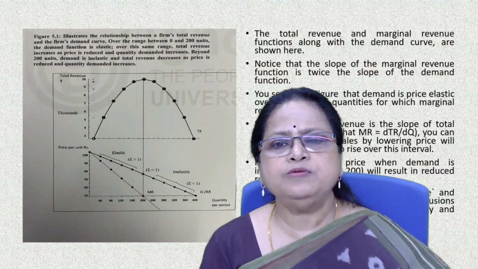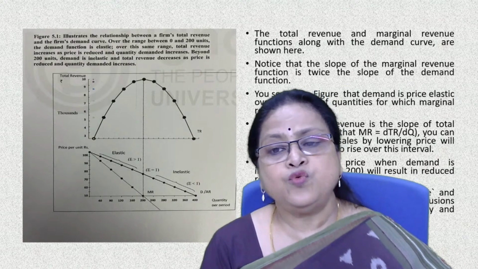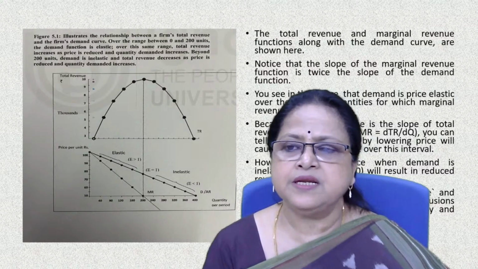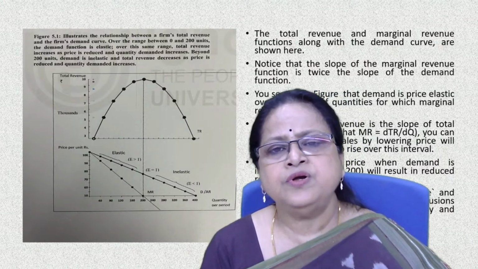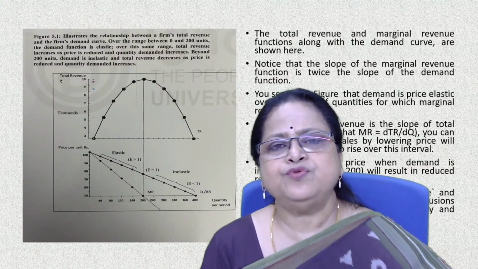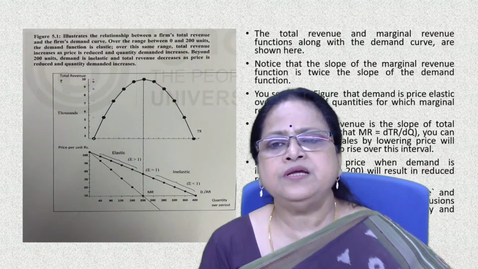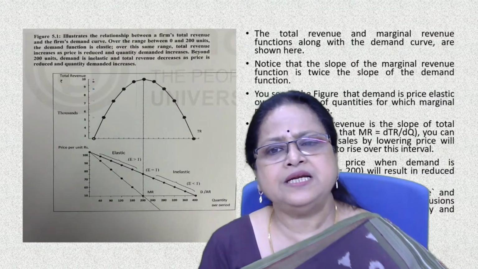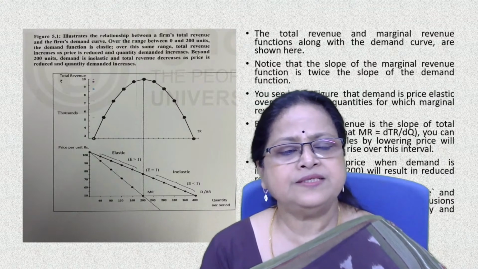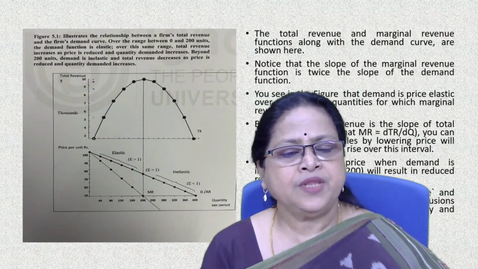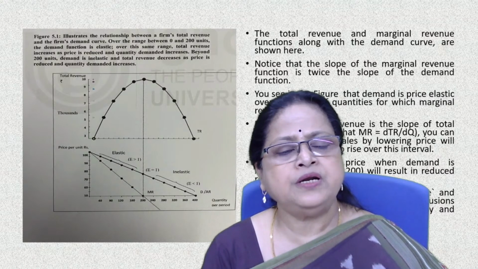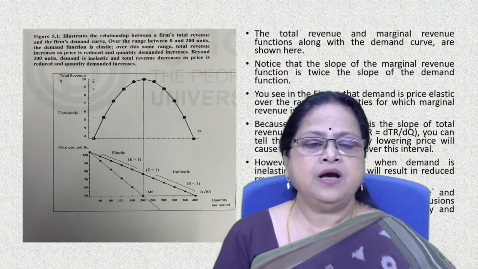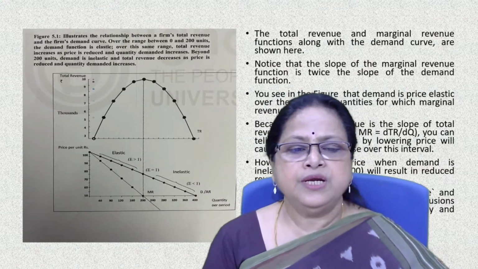Notice that the slope of the marginal revenue function is twice the slope of the demand function. With negatively sloped average revenue and marginal revenue, the slope of marginal revenue is twice that of average revenue, or you can say the horizontal distance between the y-axis and any point on average revenue will be divided into half.